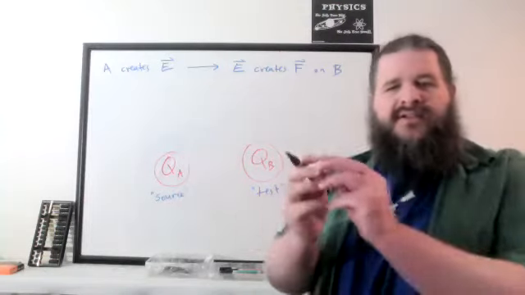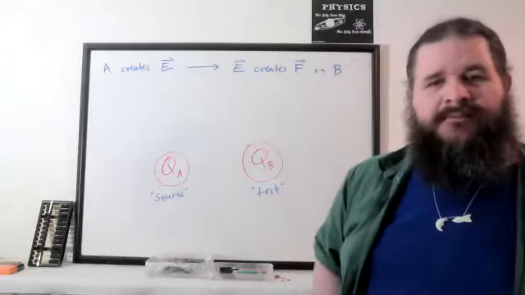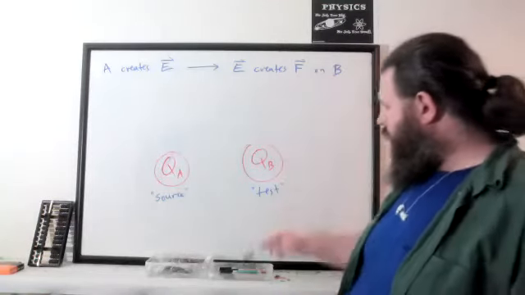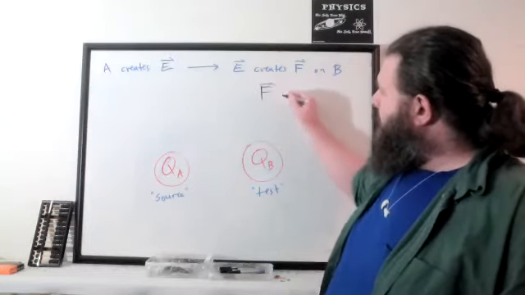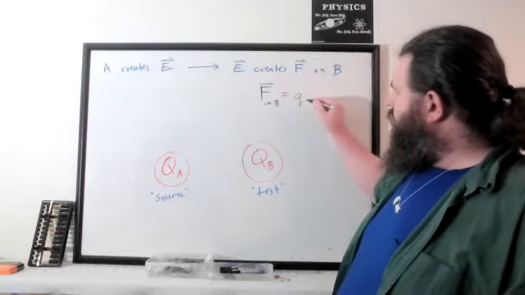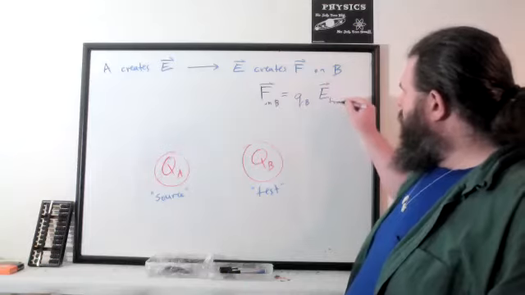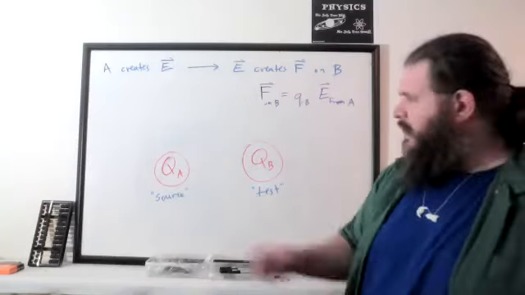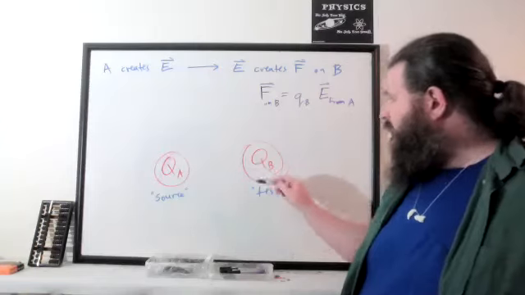So object A creates an electric field in the space around it, then that electric field creates a force on object B. Last time we were taking a look mostly at the electric field creating a force on object B. That's governed by the idea that the force on B equals the charge of B times the electric field from A. So A creates an electric field at every location in space around it, but we only really care about this location.